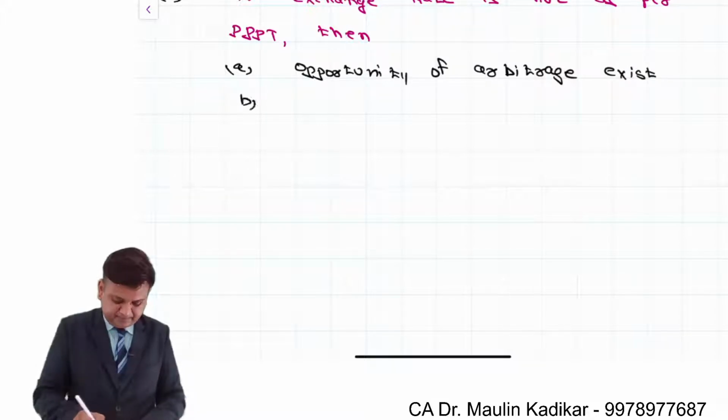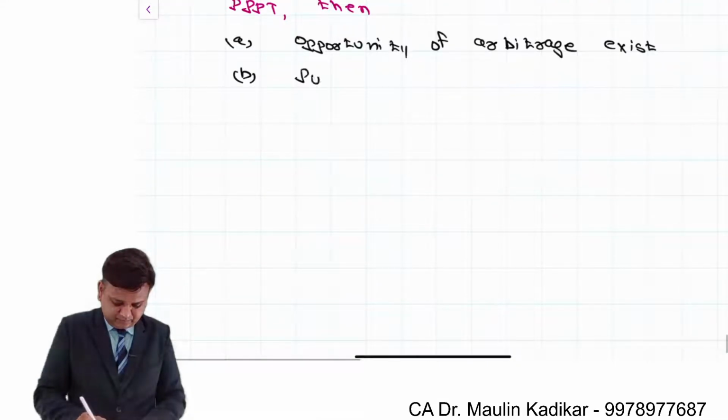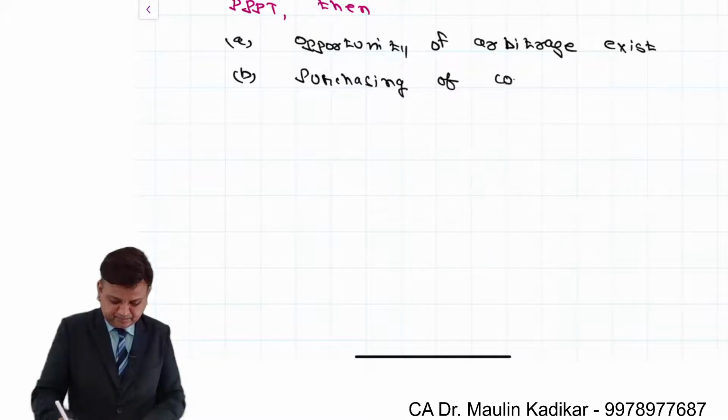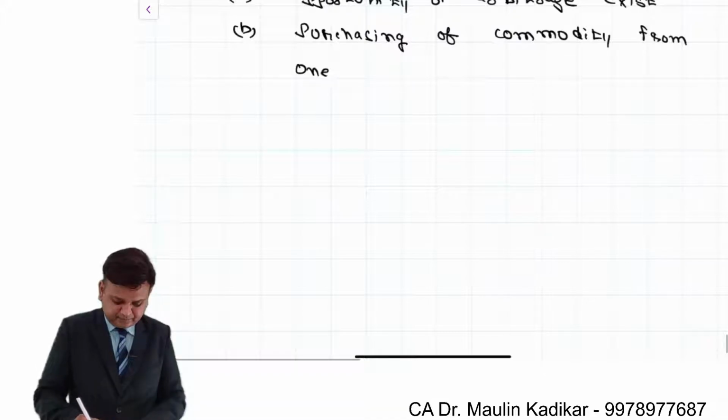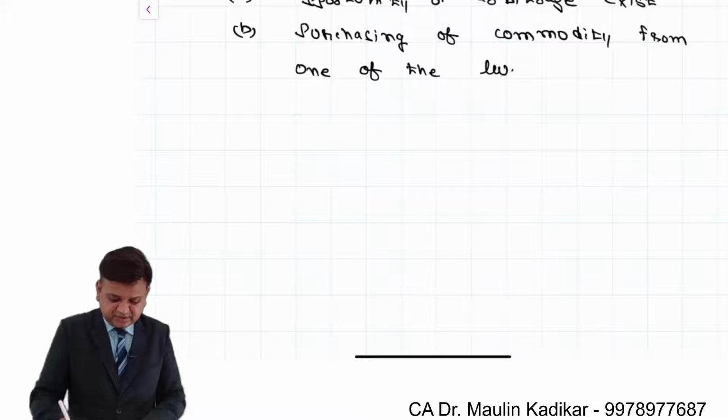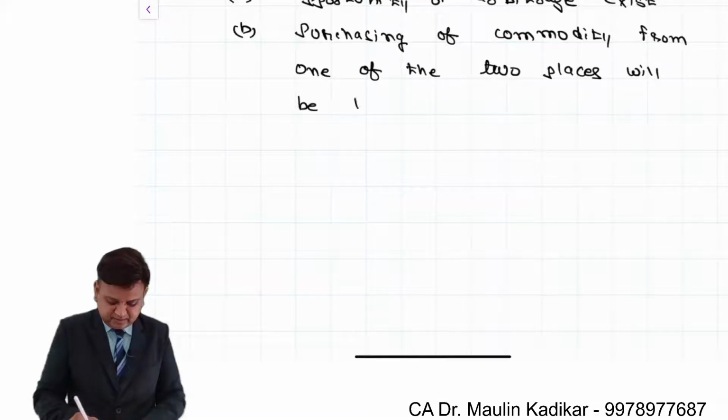B, purchasing of commodity from one of the two places will be less expensive.